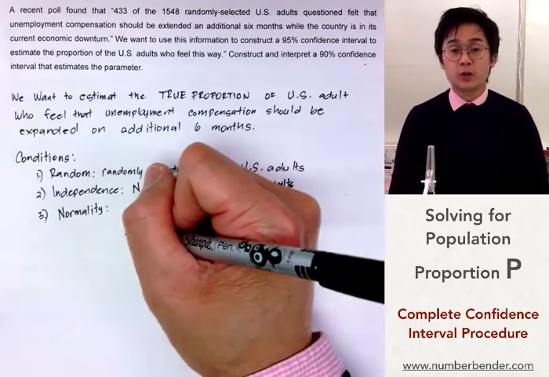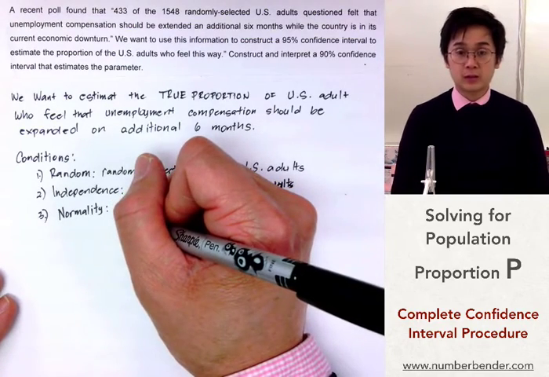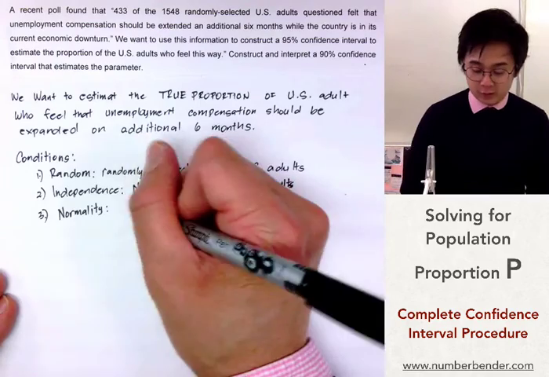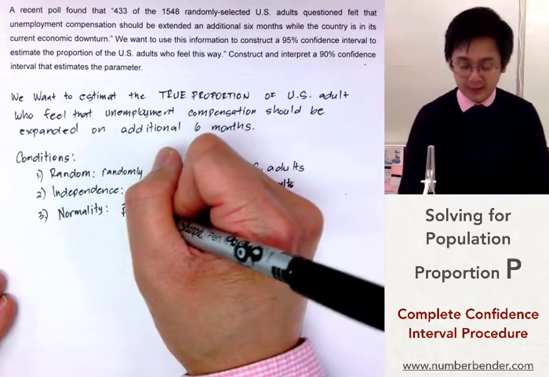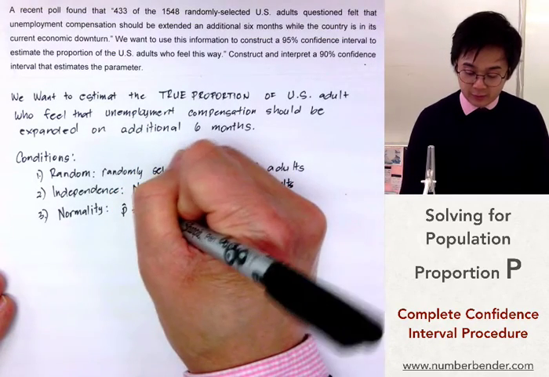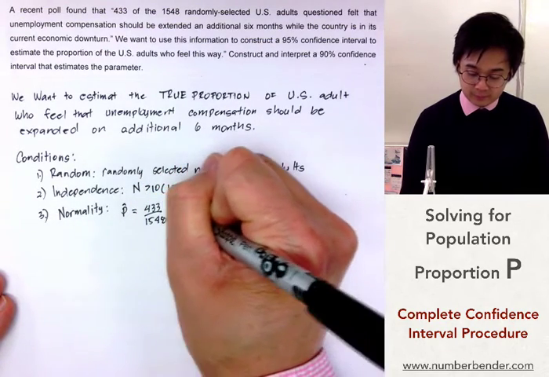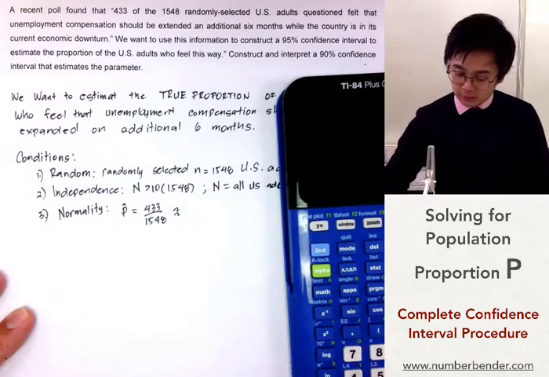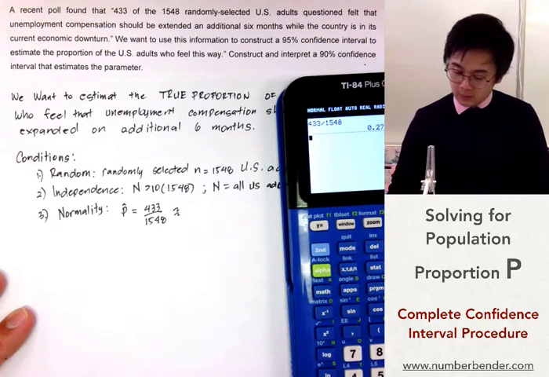We know that this rule is satisfied based on the population of interest. And for normality, we're going to be using the large counts condition, np greater than or equal to 10 and nq greater than or equal to 10. So let's establish what p hat is, because we're going to be using p hat in this condition. P hat is going to be 433 divided by 1,548, which is approximately 0.2797.